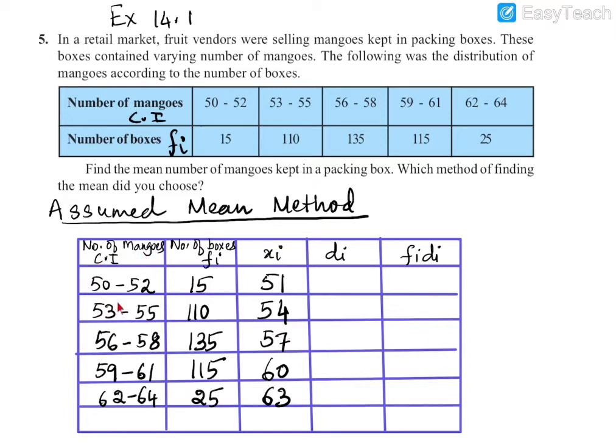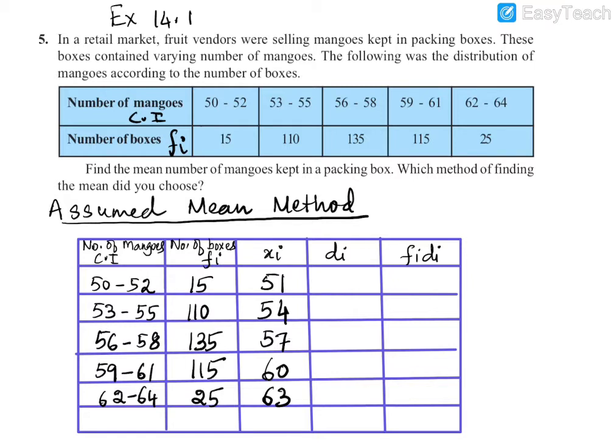Now, if you calculate the difference between the upper limit and the lower limit, you will find that you get 2 over here. The reason is that these class intervals are not continuous, and that's why 2 will not be the class size.